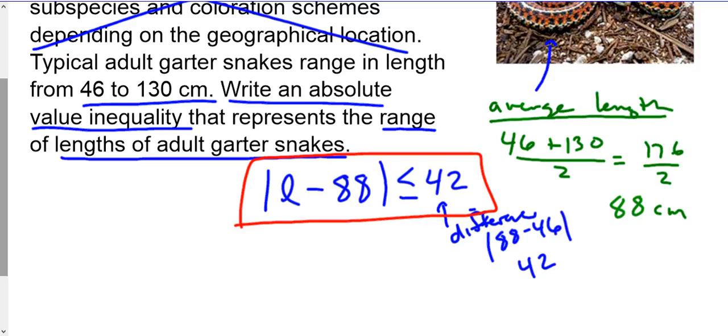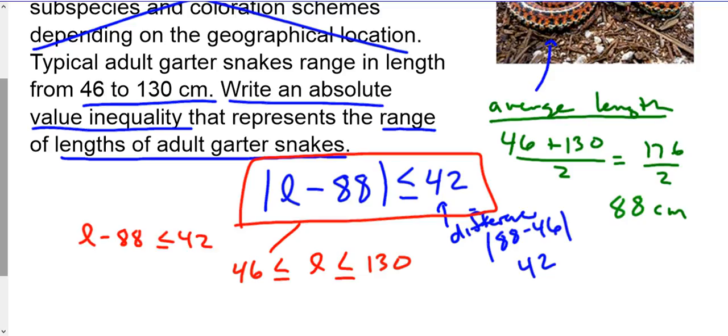If we solve this, we should get this inequality of 46 less than or equal to length less than or equal to 130. When you see this, we would get this inequality, because we have L minus 88 less than or equal to 42. So negative 42 less than or equal to L minus 88 less than or equal to 42.